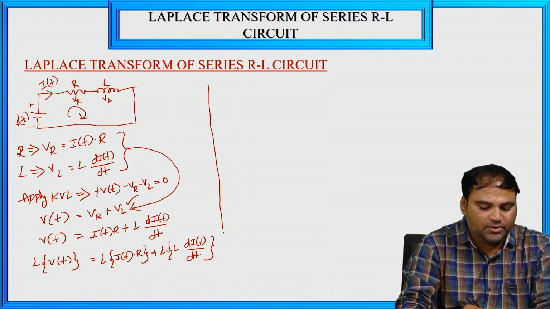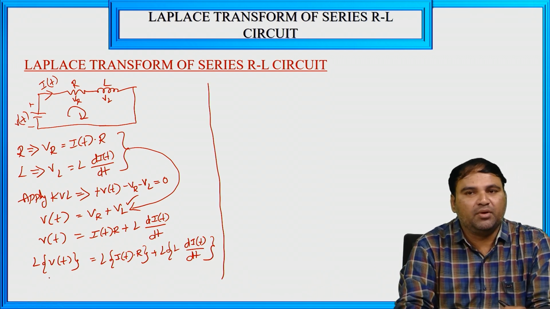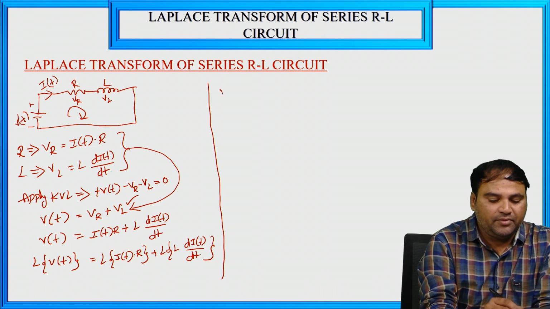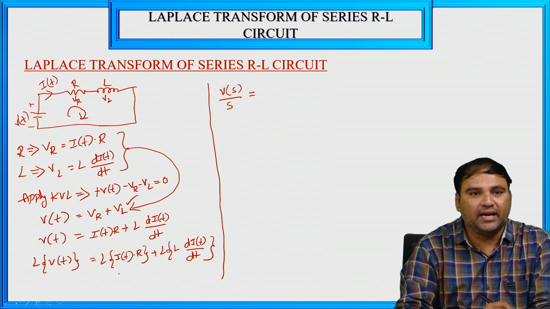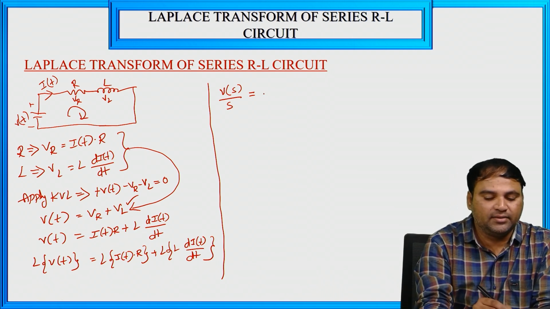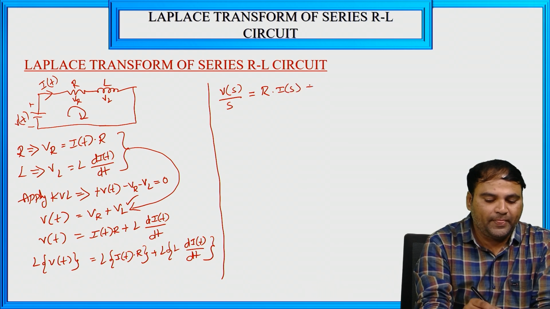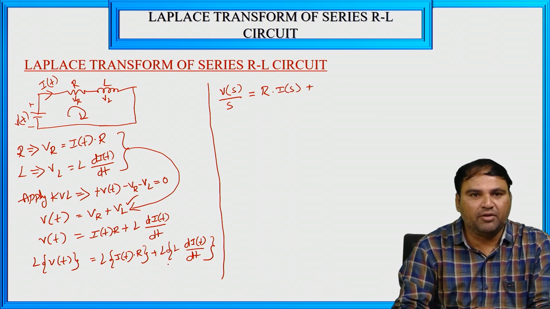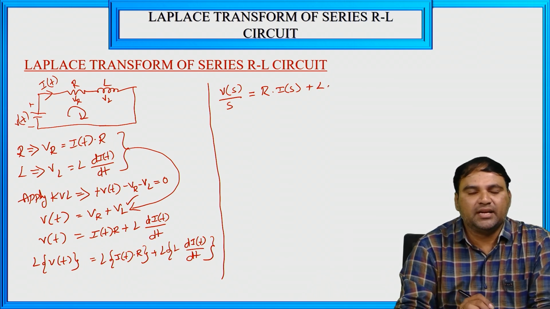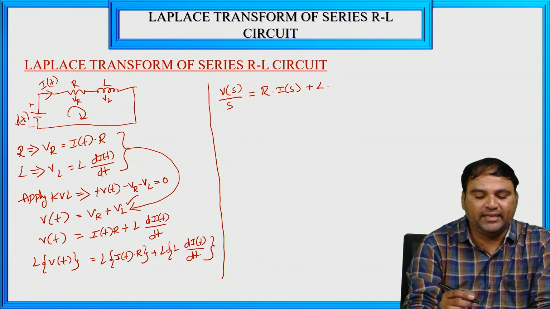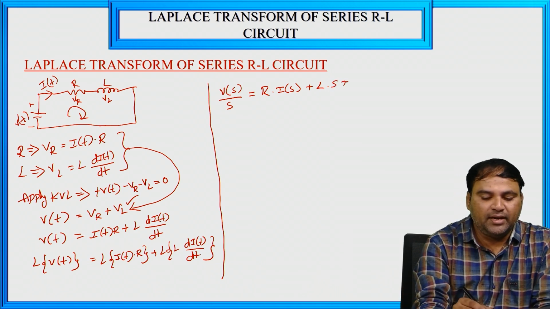So the Laplace transform of V of t is V of s by s, equal to I of s; R is constant, so R into I of s, plus L constant into s into I of s, since the Laplace transform of dI of t by dt is s into I of s.